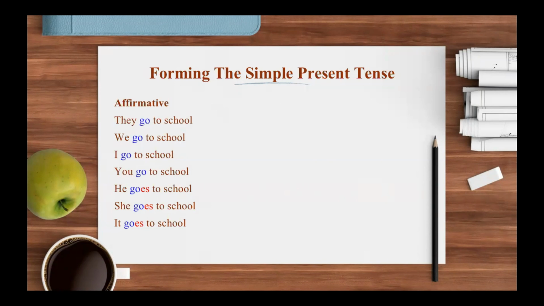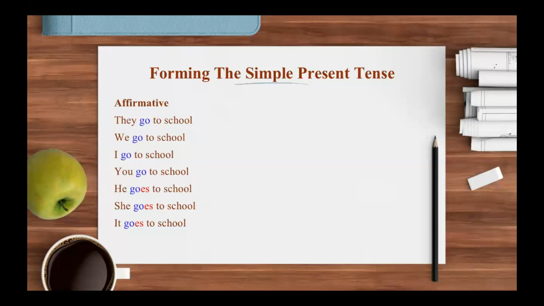When you use the subject I, you, we, they, follow the subject by verb 1 without adding s or es. For example, they go to school, we go to school, I go to school, you go to school.